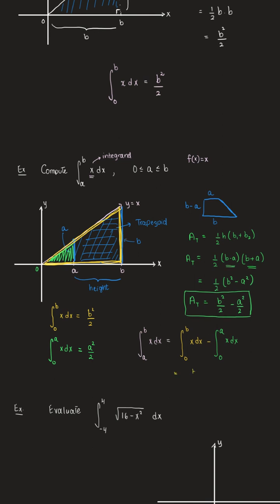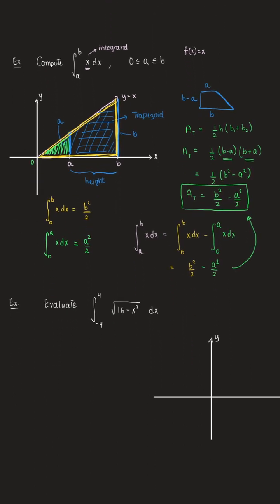The first one is b squared over 2, and the second one is a squared over 2. And you can see that that gives us exactly the same thing as what we obtained when we found the area of the trapezoid. So another example where, if we're just integrating a line, then we should be able to use triangles or trapezoids or some kind of geometric object to find its area.